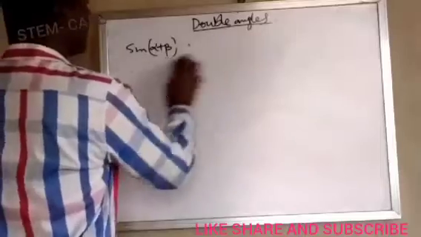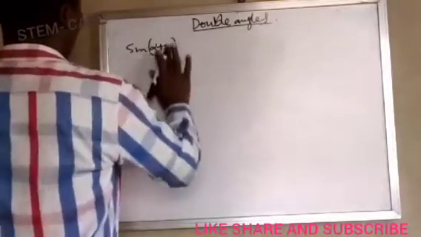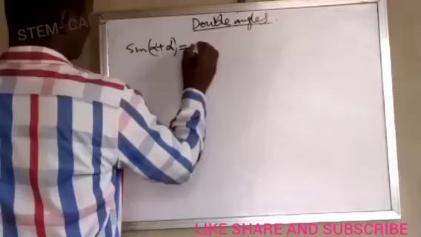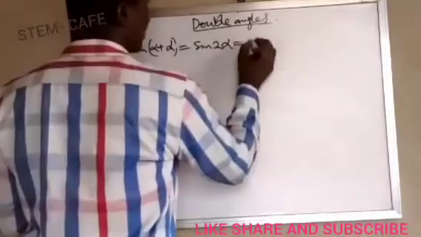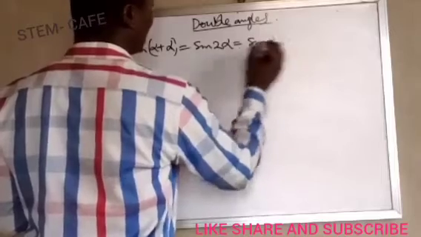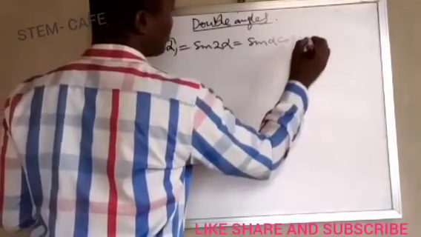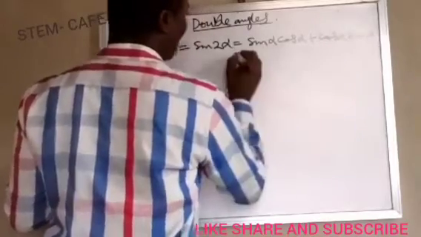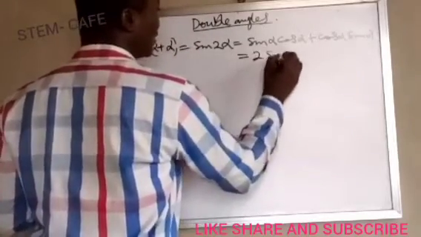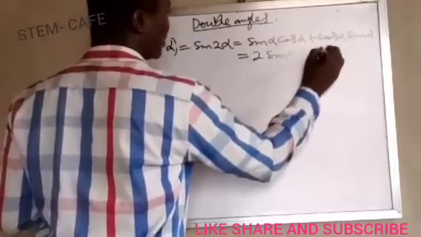So now to find sin 2 alpha, it's going to be sin alpha plus alpha, which is going to give us sin alpha cos alpha plus cos alpha sin alpha, which is going to give us 2 sin alpha cos alpha.